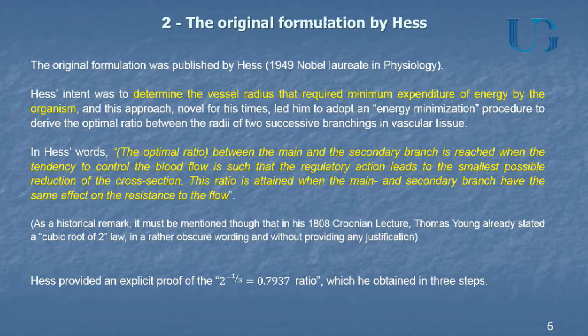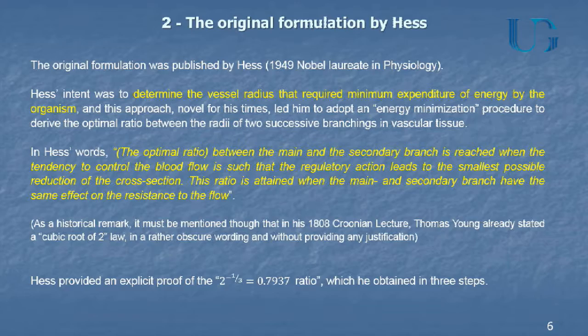This is a translation of the words of Hess. Hess wrote in German, of course. He says that there is an optimal ratio between the main branch and the secondary branch, and that is reached when, in situations in which you have to control the blood flow, the change in the area is such that the pressure drop in the main branch and in the secondary branches is the same.